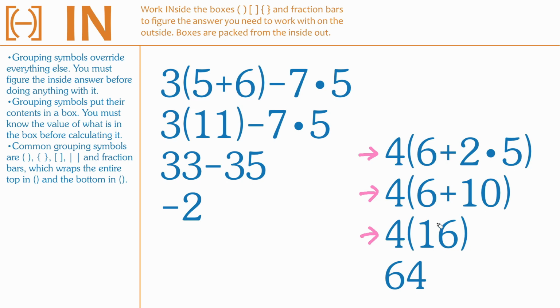Now I can come outside. I'm all done inside. I can come outside and multiply the answer value of the box, which is 16. All of this boiled down to just 16. Now I can come outside and multiply and get 64.